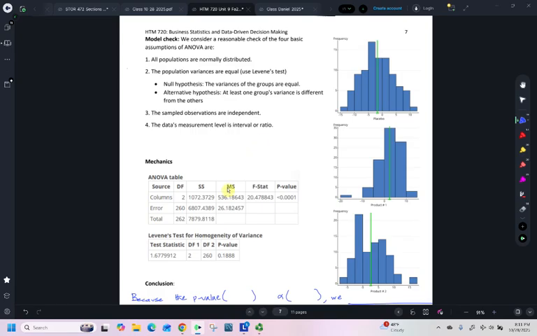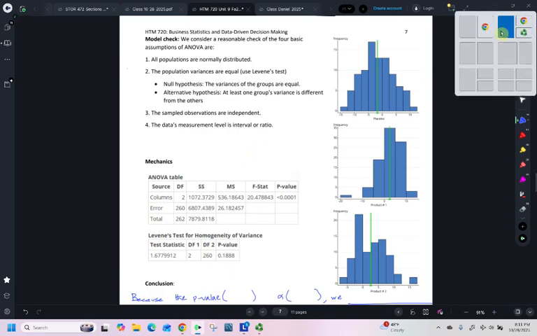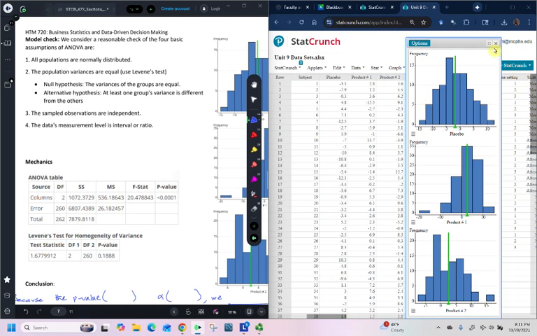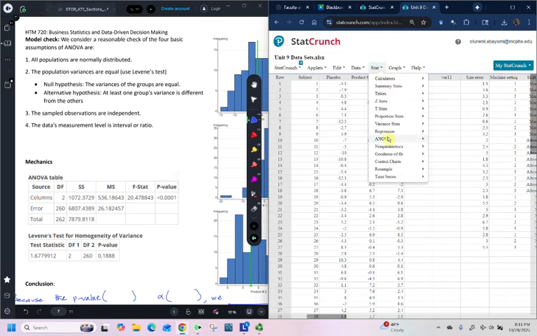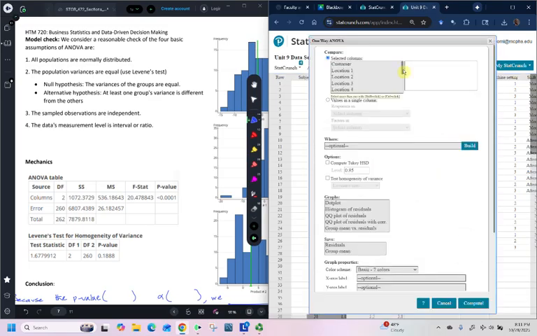Well, what we need to do is to go back again into StatCrunch. Let me close out of this. And I'm going to go to Stats, go to ANOVA, one-way ANOVA. And in this case, I'm interested in placebo, product 1 and product 2.